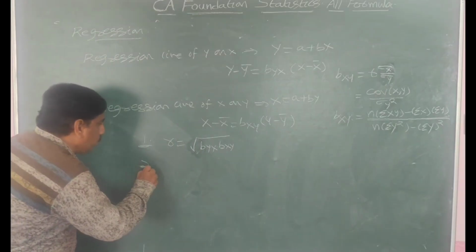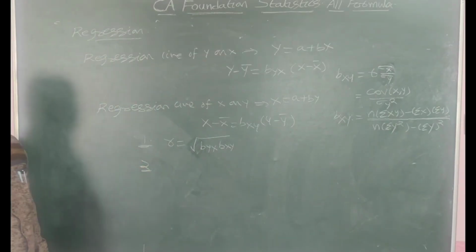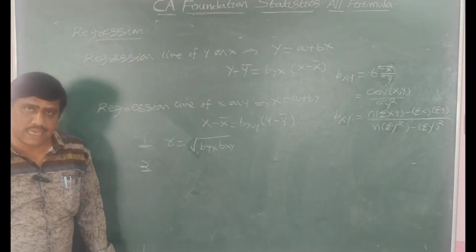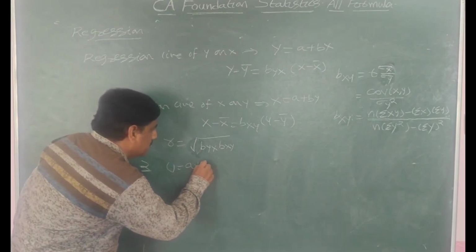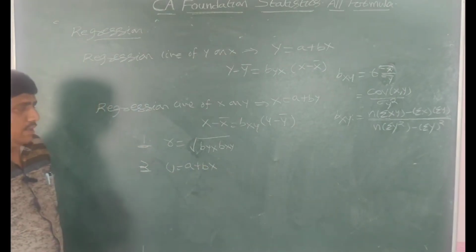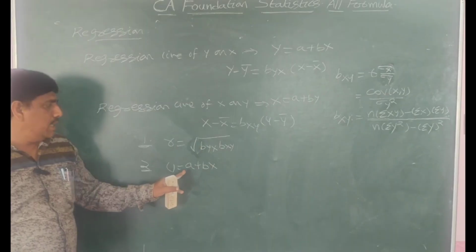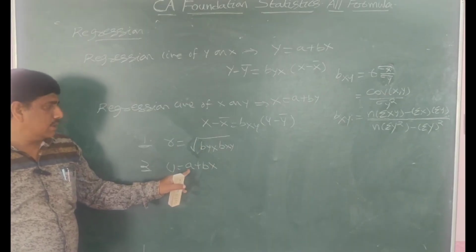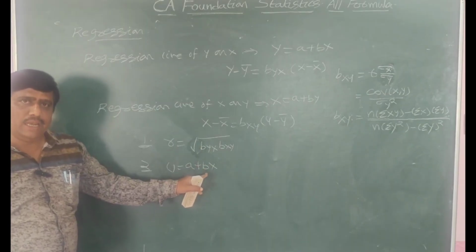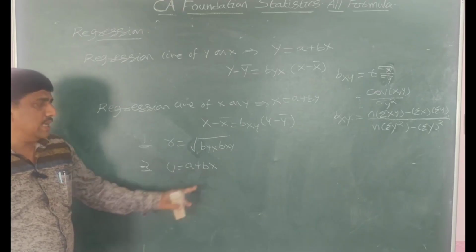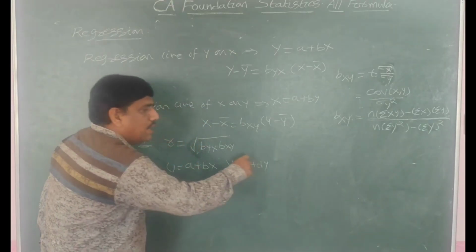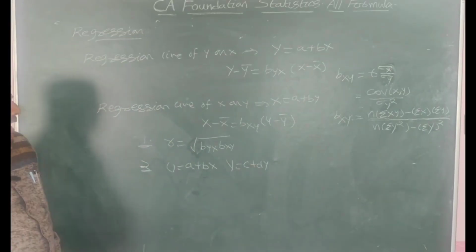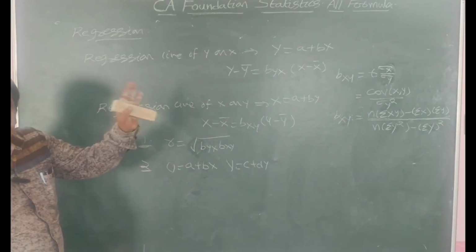Similarly, regression coefficients are independent of change of origin but dependent on scale. If u equal to a plus bx is the equation where x is changed to the u variable by adding an origin and multiplying by b the scale, and similarly the y variable is changed to the v variable, v equal to c plus dy, by changing origin and scale, and bxy and byx values are known.